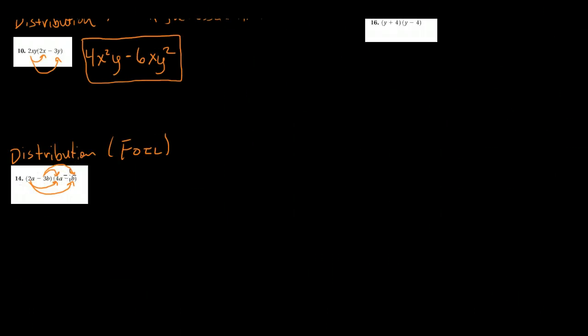Sometimes you'll have a binomial times a trinomial, or a monomial times a four-termed polynomial. So it's really not good to get locked down into these fun little acronym definitions, and just make sure you understand that what you're actually doing is distributing. First, I have to distribute the 2a to the 4a and the negative b, and then the negative 3b to the 4a and the negative b also.